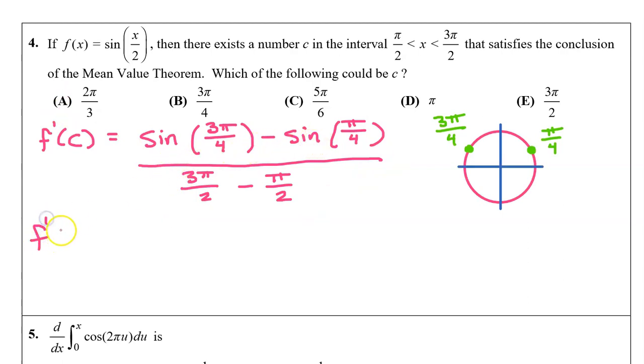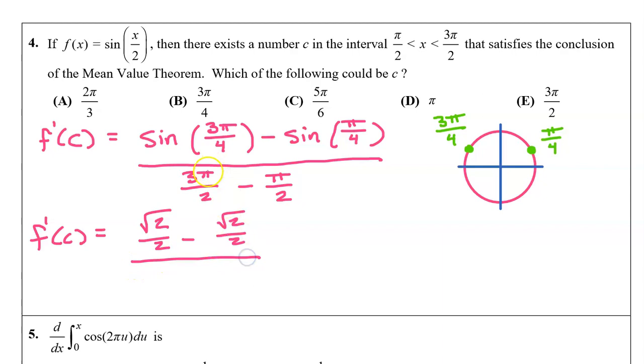Let's evaluate. The sine of 3 pi over 4 is radical 2 over 2. It's in the second quadrant where the sine function is positive. So we have radical 2 over 2. The sine of pi over 4 is also radical 2 over 2.